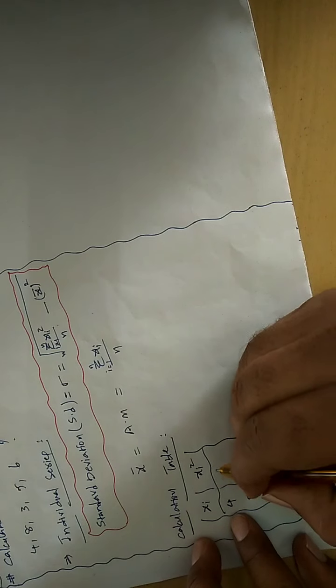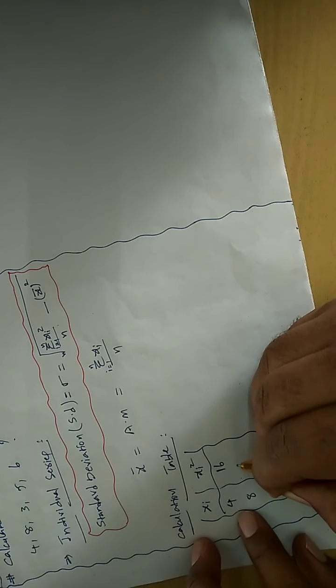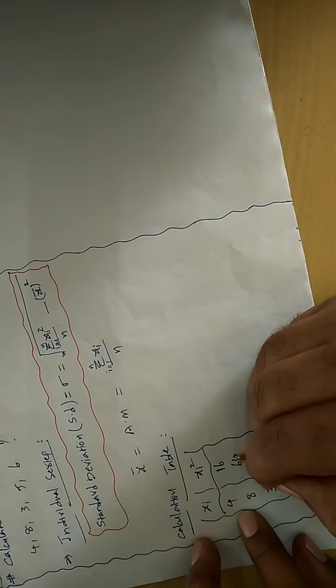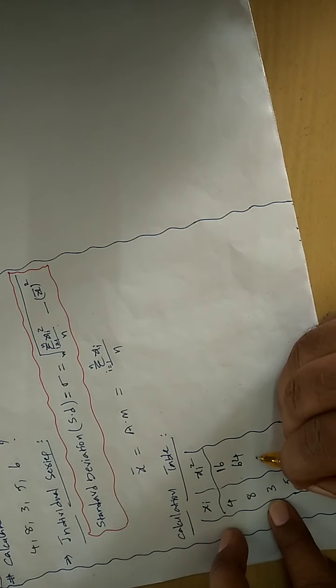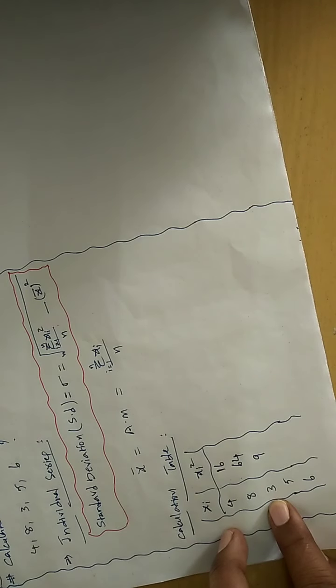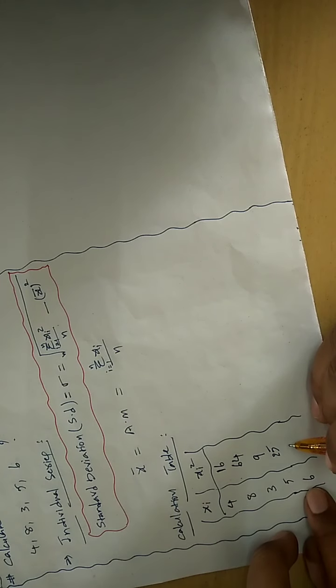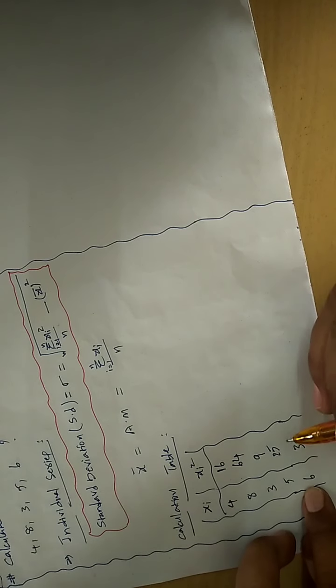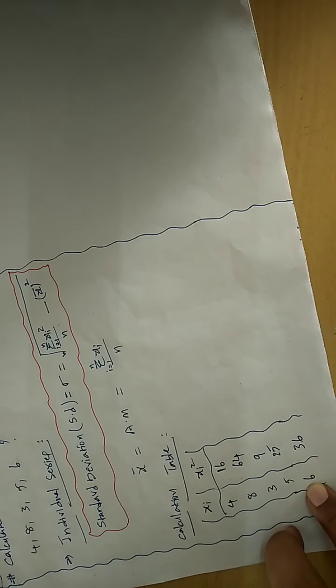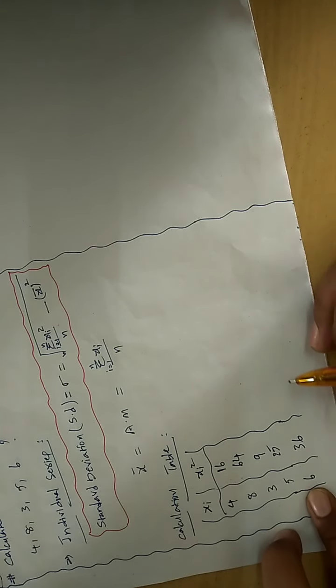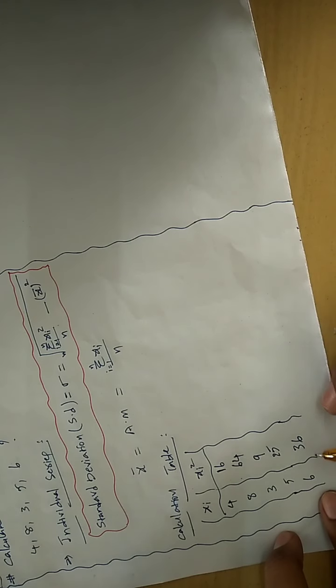That is 16, 64, 9, 25, 36. Now calculate the totals.